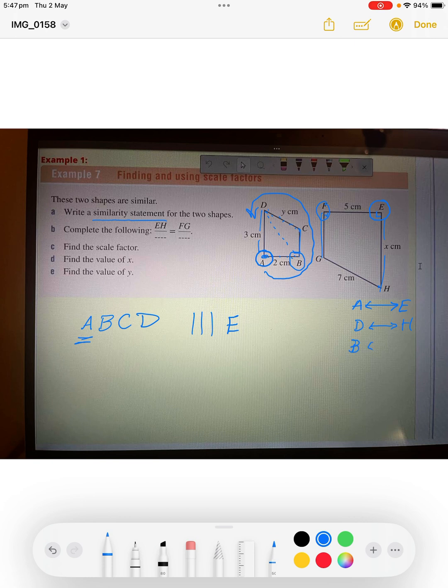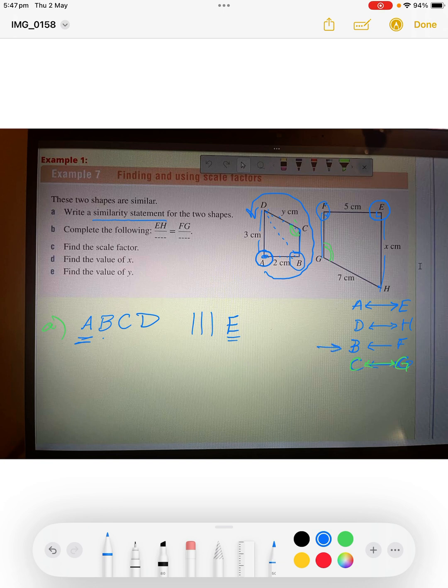So B and F are corresponding points, which leaves C corresponding to angle G. And you can see that the large angle at C and the large angle at G mean that C corresponds to G.